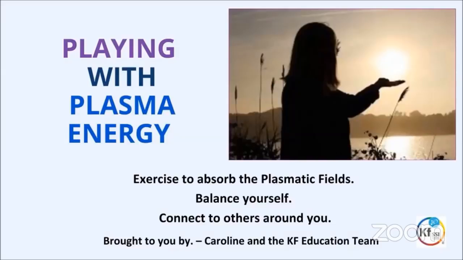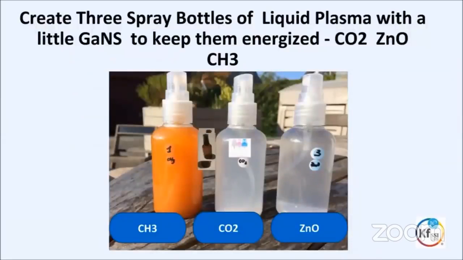An easy and fun way to try this out for yourself is to fill 3 spray bottles with liquid plasma, also containing a little of the GANs to keep it energized for longer. GANs bottles feel cold to the touch when activated.